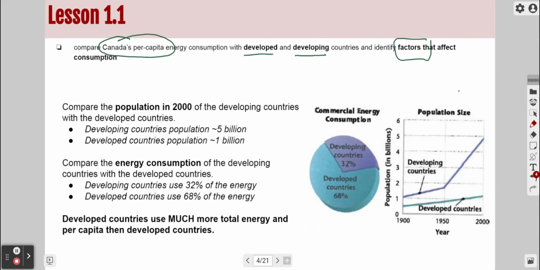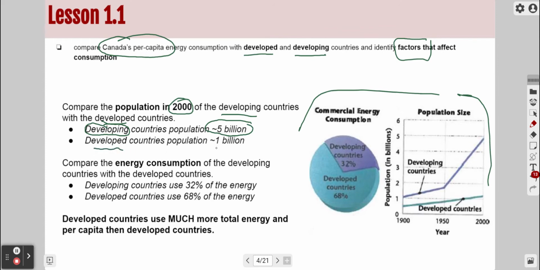So you might remember seeing these two charts before, where you can compare the population in the year 2000 of the developing countries with the developed countries. The developing countries had a much higher percentage of the population. So 5 billion people were living in developing countries, whereas only about 1 billion lived in a developed country like Canada.